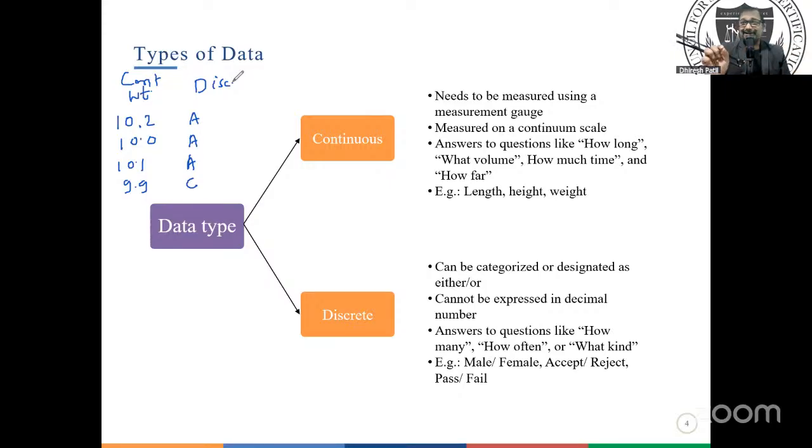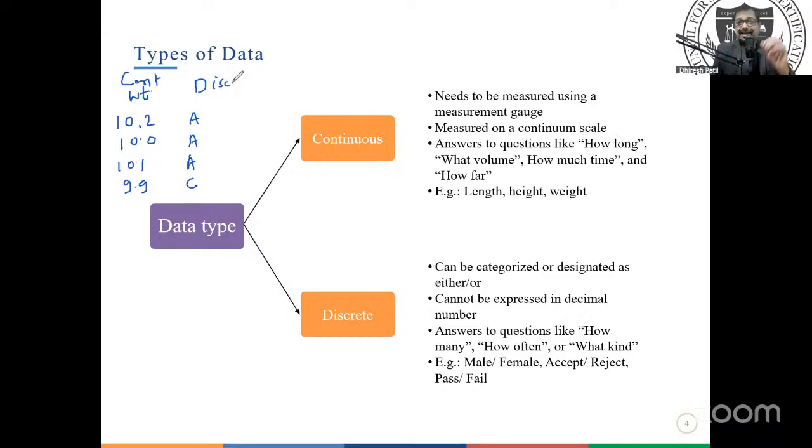Are you understanding? Don't take accept and reject, because accept and reject may not give you a lot of information. Instead of that, take actual continuous data. With the help of continuous data, you can do a lot of things. You can make a trend. What is the advantage of continuous data? You can make a trend.